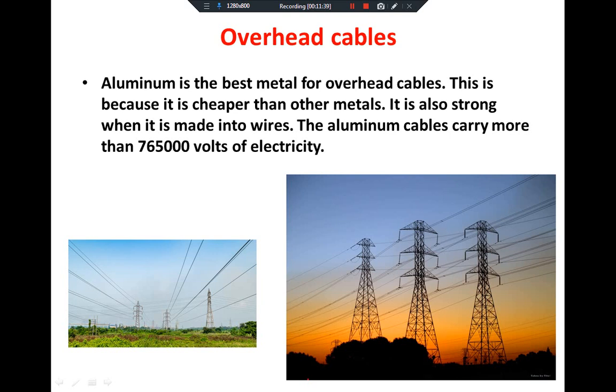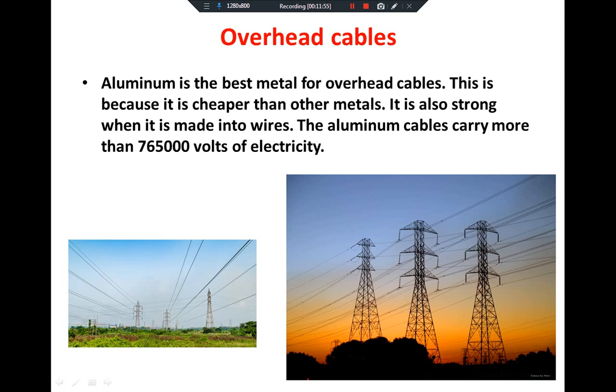As you can see in these pictures, the aluminium is used to send electricity from the source of power to the cities, to the houses, to the classrooms, wherever it is.